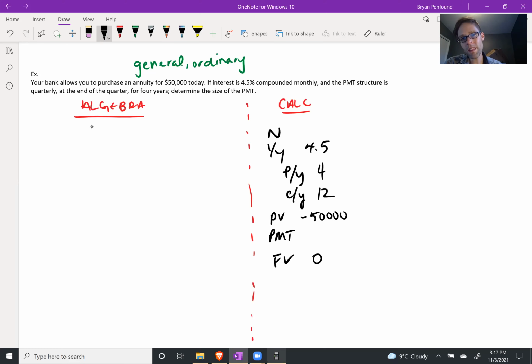So I'm going to assume that our future value here happens to be 0. So the last thing we need to figure out is what should we take as n? Remember, n is t times f, where I want to use the frequency number associated with the payment structure.